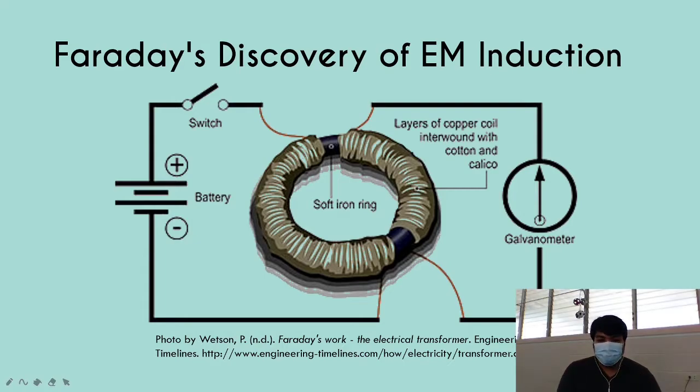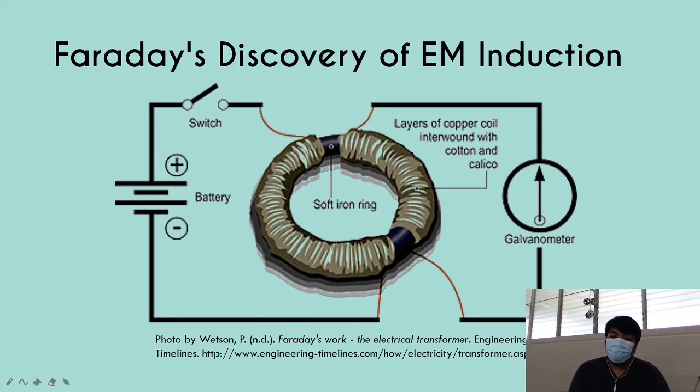He has an iron ring here, wrapped with two individual coils of wire. One is connected to a complete circuit with a switch that can open or close the circuit, and the other is connected to a galvanometer.